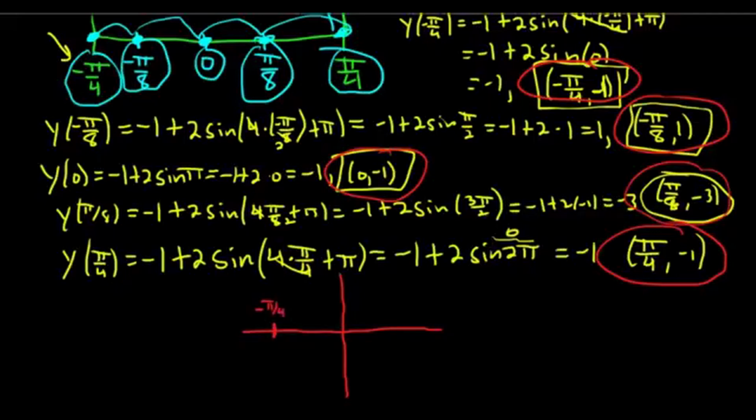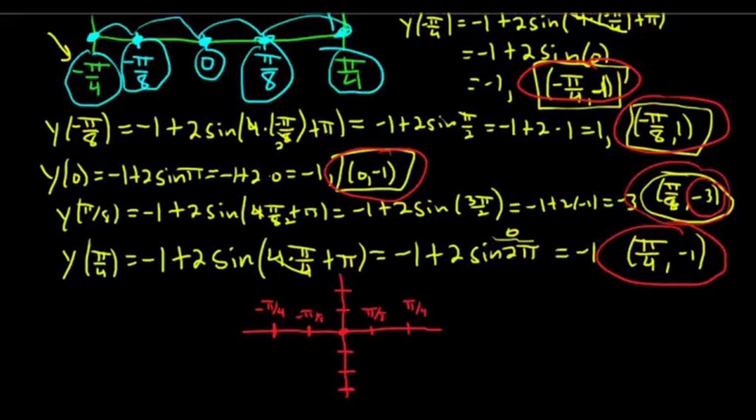And then we have negative pi over 8, and then we have 0, then we have pi over 8, and then we have pi over 4. Okay? And it looks like this is 1, this is 2, this is negative 1, this is negative 2. And I guess we do need a negative 3, right? Because this here is negative 3.